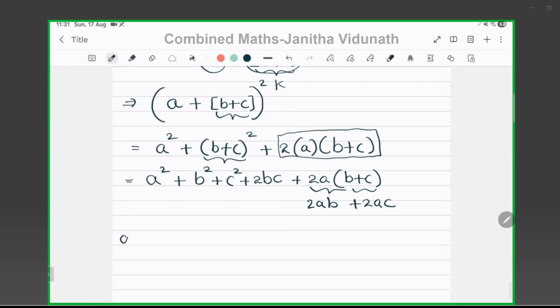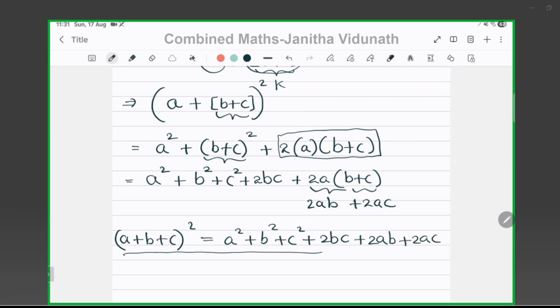Then finally we have the expansion of (a+b+c) whole square as a square plus b square plus c square plus 2bc plus 2ab plus 2ac. This is the expansion of (a+b+c) whole square.